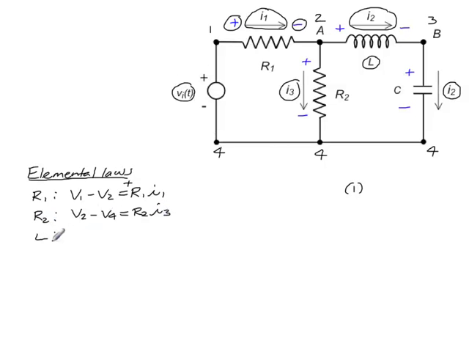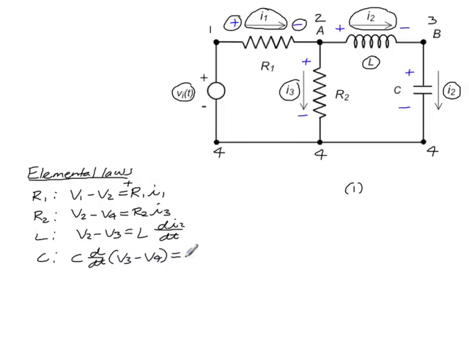The inductor: the voltage change from 2 to 3, V2 minus V3, we know is equal to the inductance times the time derivative of the current flowing through that inductor, so that's L di2/dt. The capacitor: what we have here is the capacitance times the time derivative of the voltage across that capacitor, and our sign conventions here say V3 minus V4.